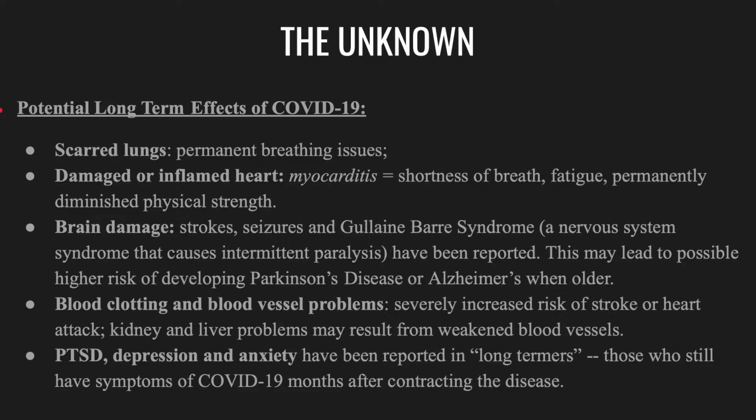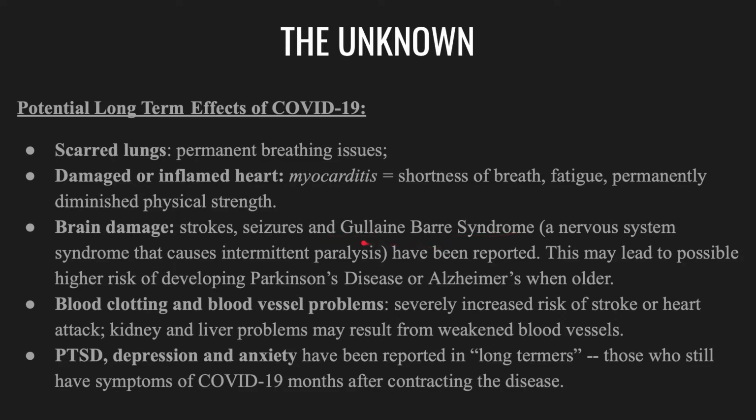It's that simple. Another really scary thing that has come up about COVID-19 is it causes brain damage. It can affect the brain. It can make its way into the brain, burrow in, and start replicating in there, and it does bad things. It's causing strokes, seizures, and Guillain-Barré syndrome.